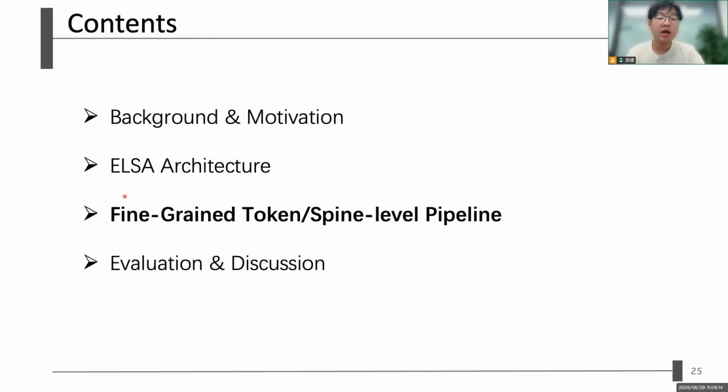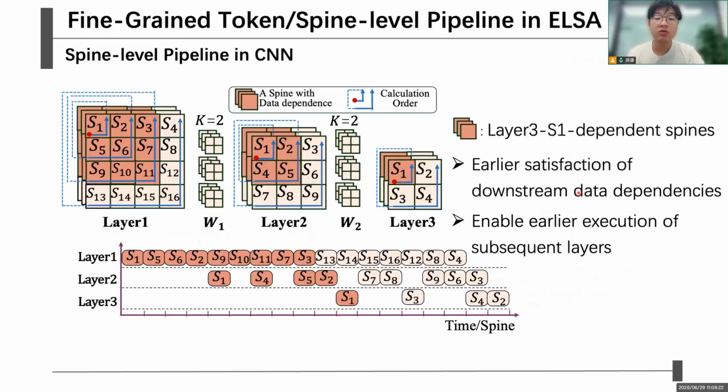Okay, after the ELSA architecture introduction, let's see the fine-grained token spine-level pipeline. First, let's look at the spine-level pipeline in SNN as shown in the figure. For convolution with kernel size 2, S1 in layer 2 is data dependent on S1, S2, S4, S5, S6 spines in the first layer.